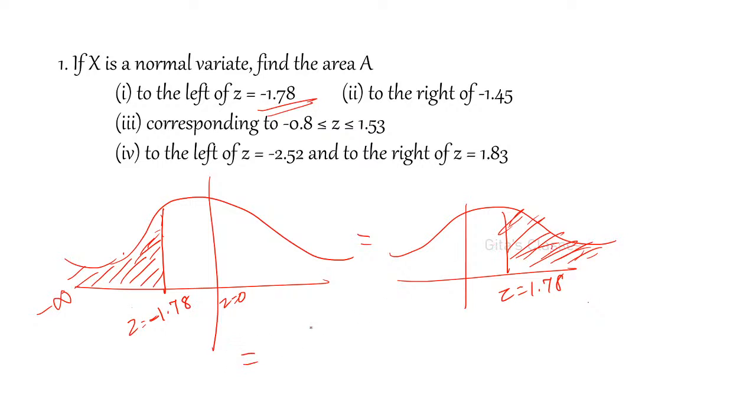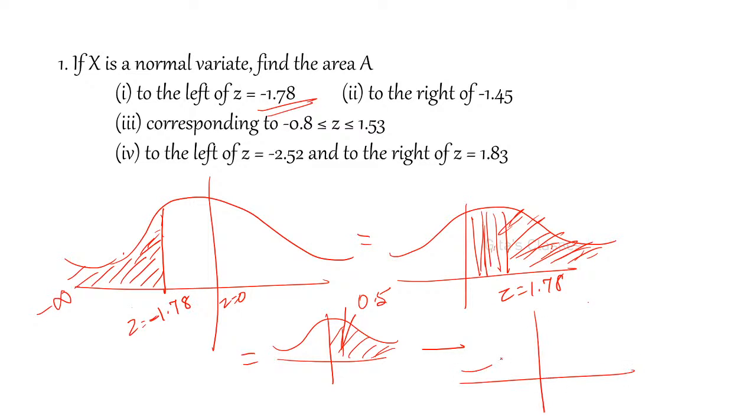So what I am going to do is, the entire area on this side is 0.5. Whatever you want, you express in terms of this area, as I told. So the entire area is 0.5, minus this area should be subtracted. Why am I doing all these things? Because I want to make use of the table. So this is z is equal to 0, z is equal to 1.78.